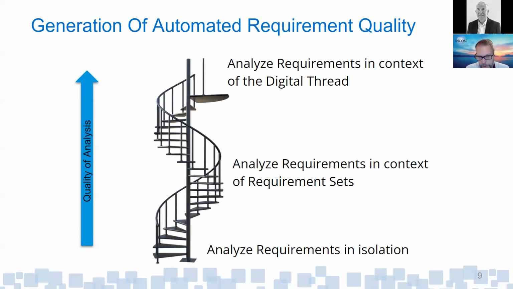And right now we're at this third level of analyzing requirements in context of the digital thread. Is that going to solve every problem? No, but at least it's much better than where we were a few years ago. So that's the different maturation levels we went through over the last few years.